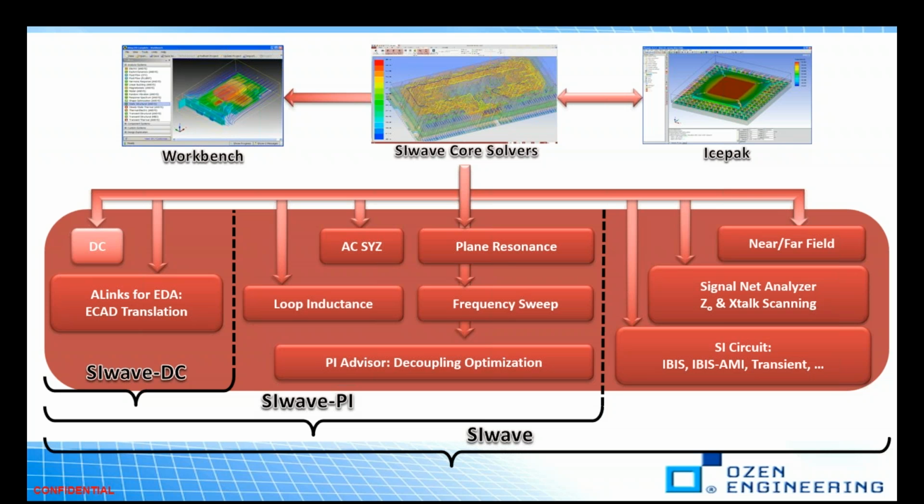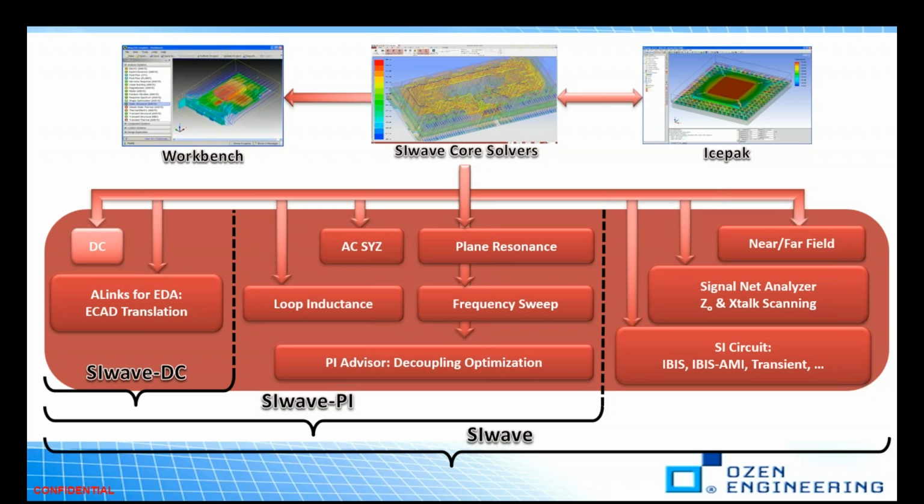And then with one step above, we have the comprehensive SIWave package that does almost everything we just mentioned before, and also has SI circuit that includes IBIS and IBIS-AMI component library.